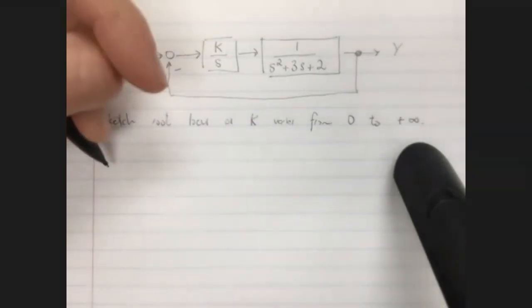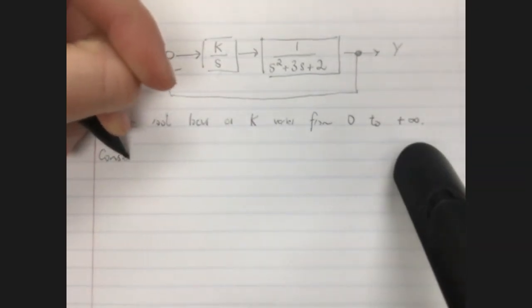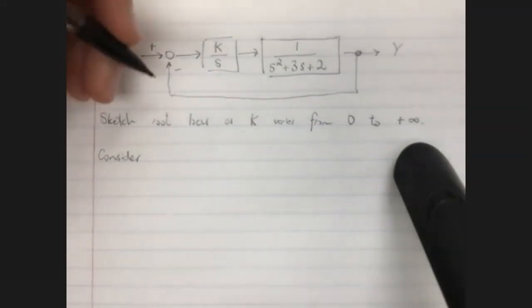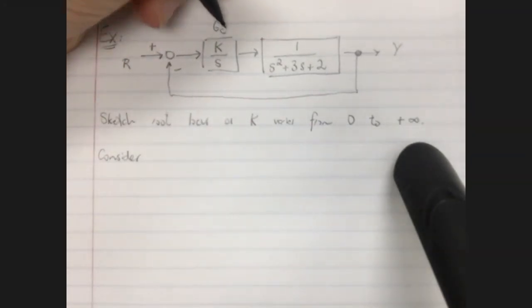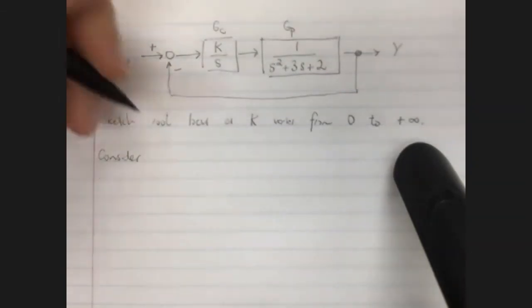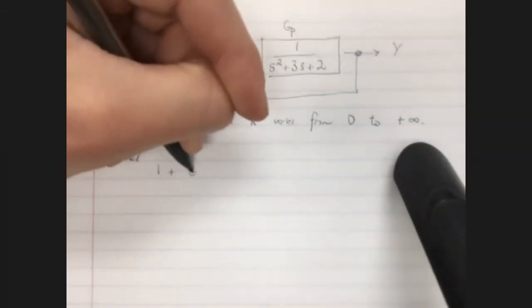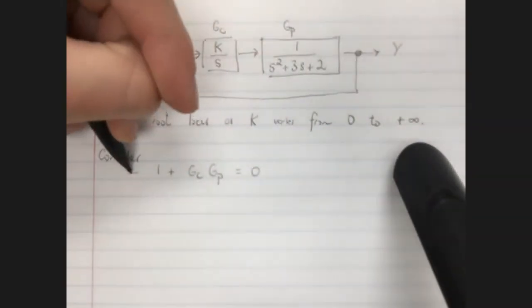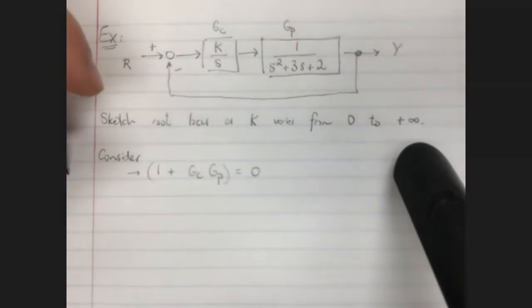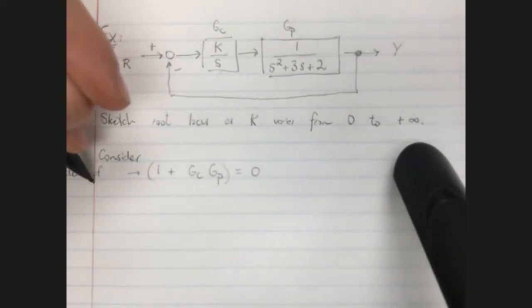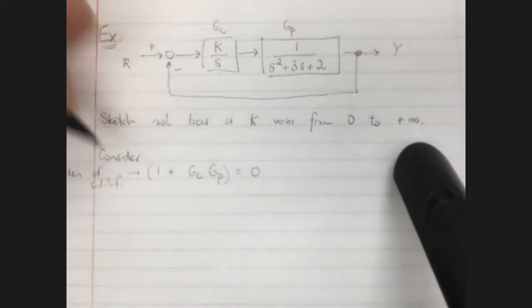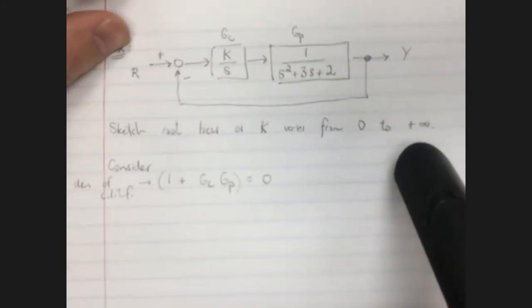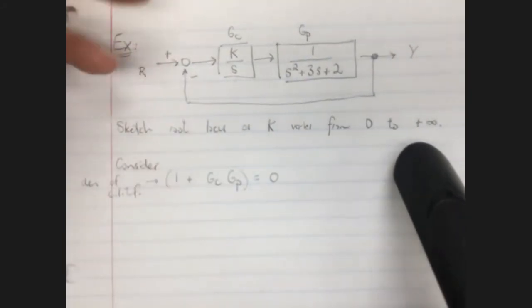So, if I'm calling this GC and GP, we want 1 plus GC GP equals 0. This is because this right here is my denominator of the closed loop transfer function. So 1 plus GC GP equals 0.